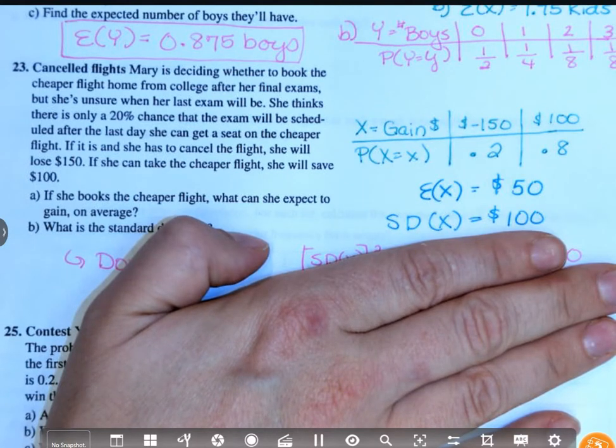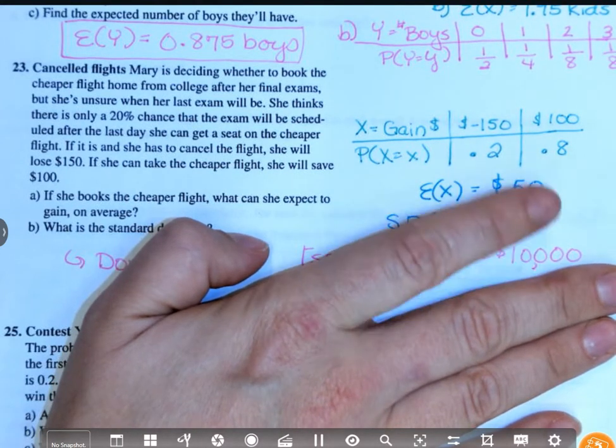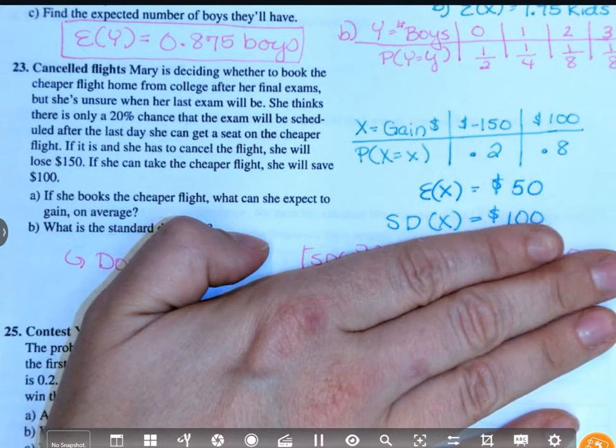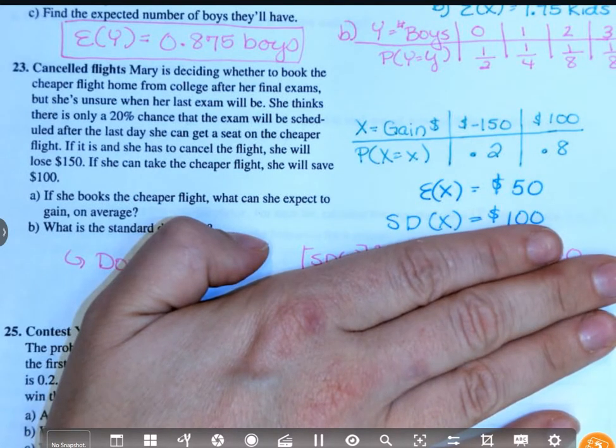The reason why that's important is it helps you determine, is it worth the risk to you? Putting together the expected value and your standard deviation, would you take that risk? And that's what people should think about. It's not just, ooh, I could possibly save $100. It's in the long run, what would all of this stuff average out to be?